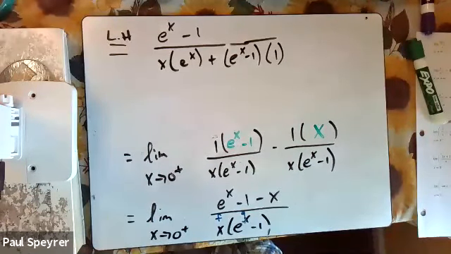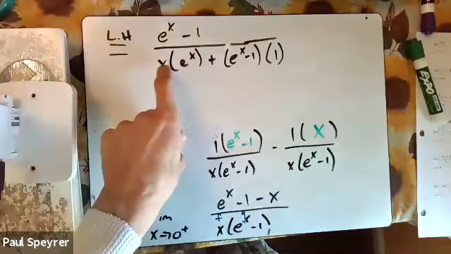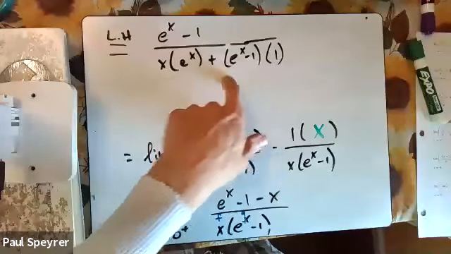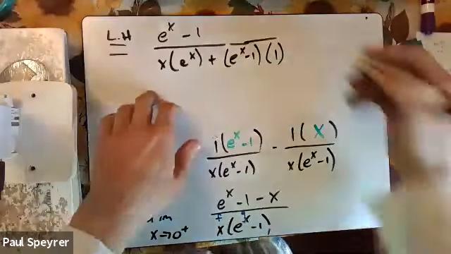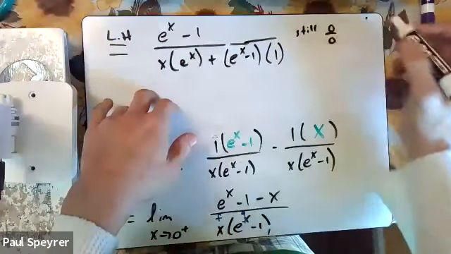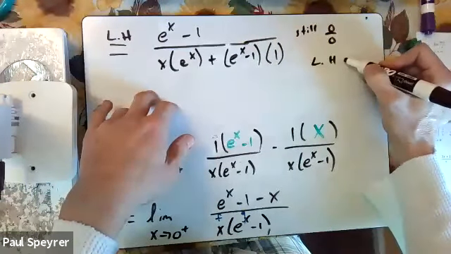So now, what happens right here if we plug 0 in, right? Because we're still doing that. I get 1 minus 1 is 0. This is 0. And unfortunately, this still becomes 0 right here. So we need to L'Hopital again.